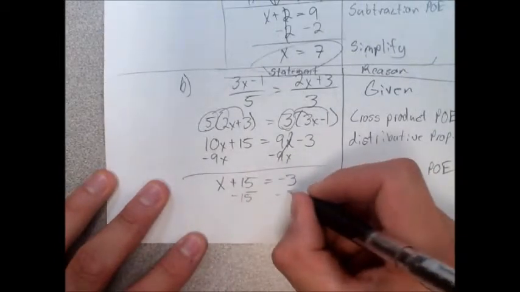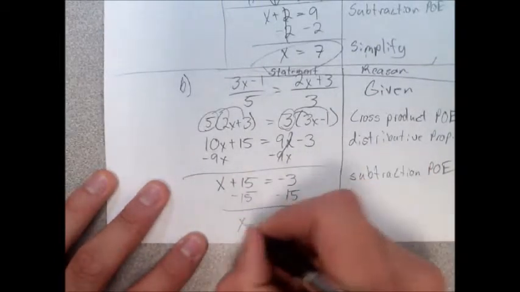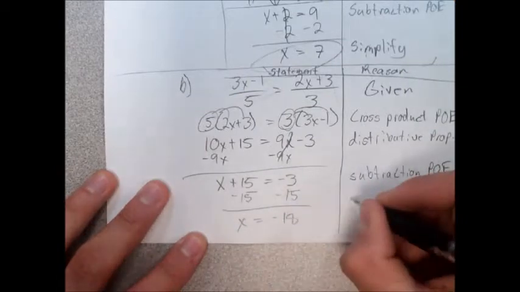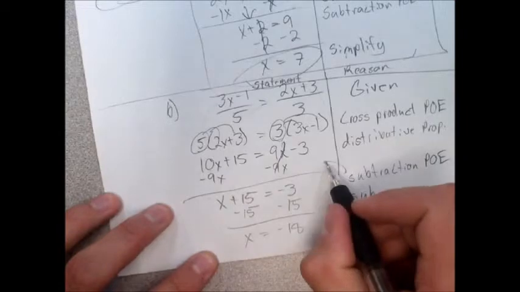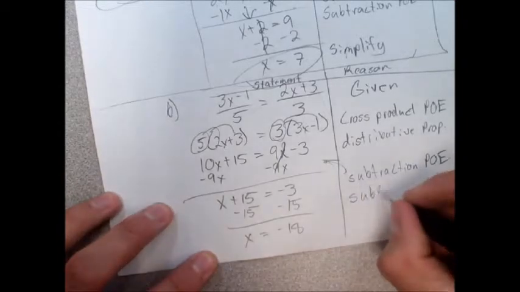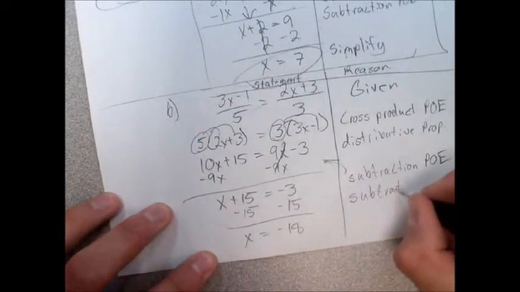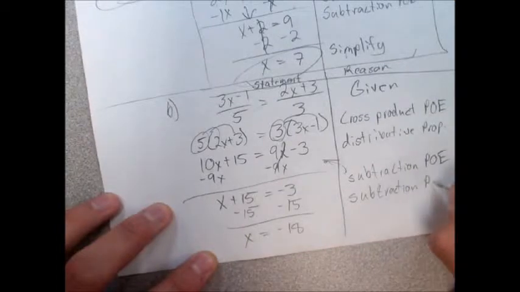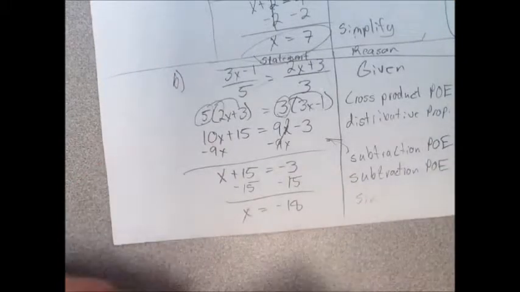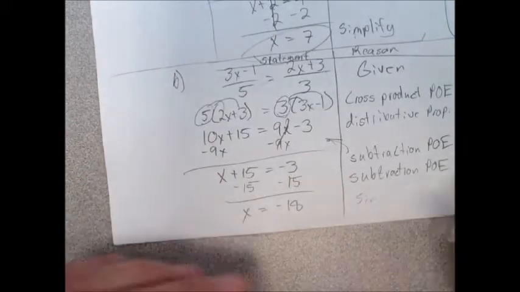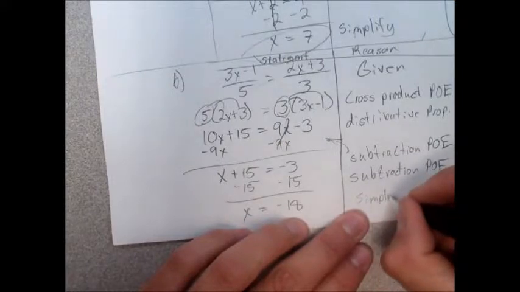What property did I use to do that? Again, the subtraction property of equality. I should have put that up here. That goes to this step. Subtraction property of equality. And then what is the last thing I do? Simplify. Yep. Okay. Questions?